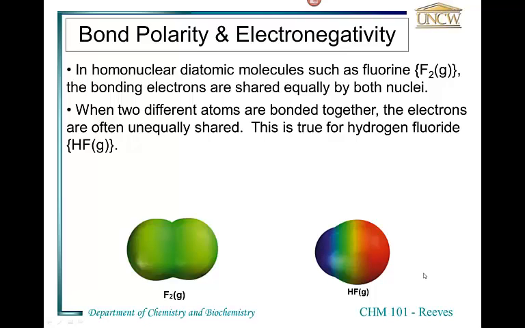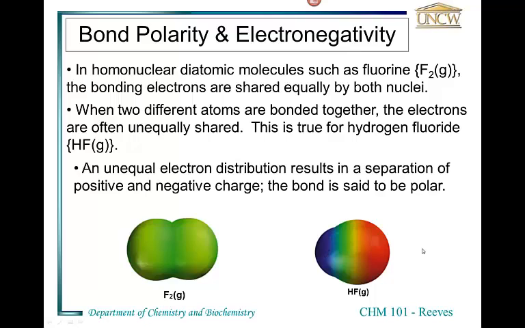So HF is said to be polar, with one end more negative, namely the fluorine end, and the other end more positive. An unequal electron distribution results in a separation of positive and negative charge, and the bond is said to be polar.